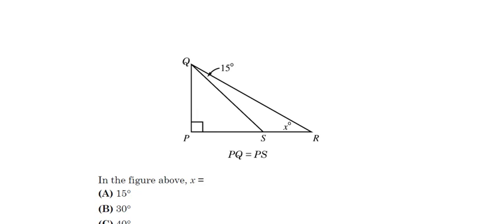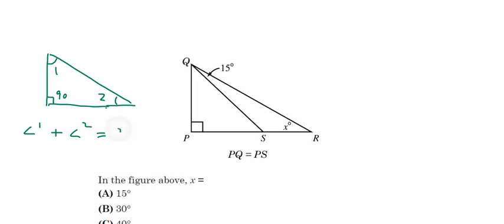For a right triangle, this is 90 degrees, so in general angle 1 plus angle 2 should equal 90, because three angles together are 180.